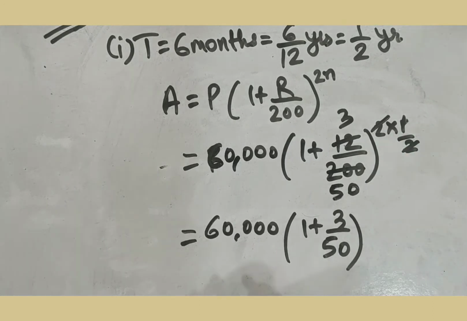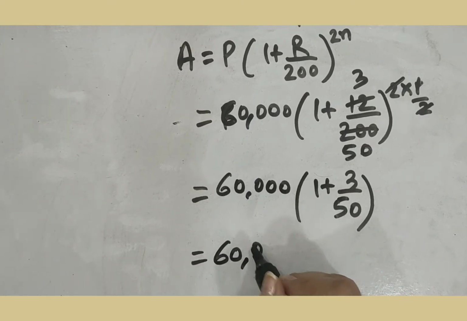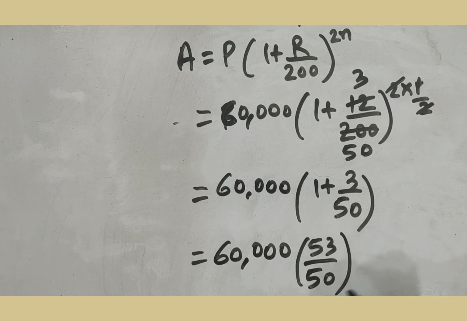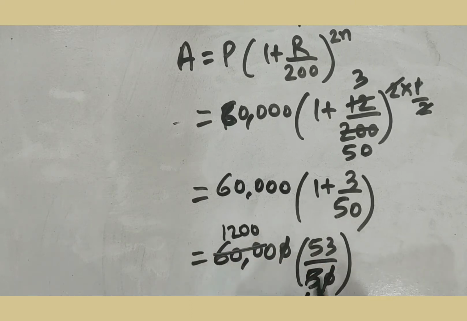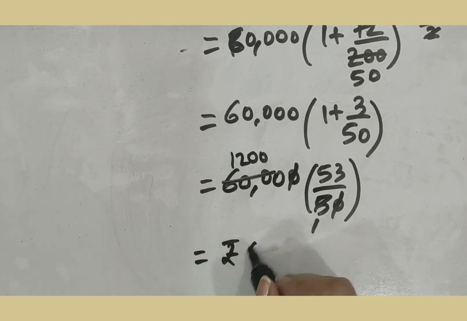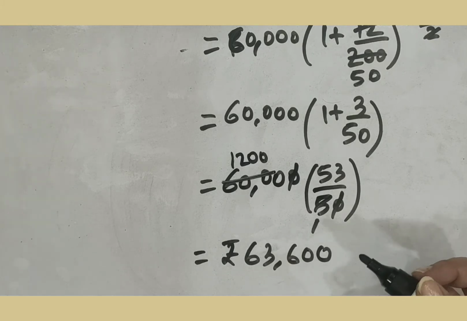So I will not write 1 here. So now if I take LCM, it will be 60,000 into 53 upon 50. Now if I do cancellation, 0 will get cancelled. Here also 5 ones are, and it will be here 1200. So if I multiply, I will get rupees 63,600 as the amount for 6 months.